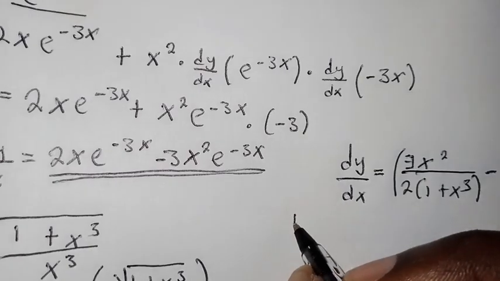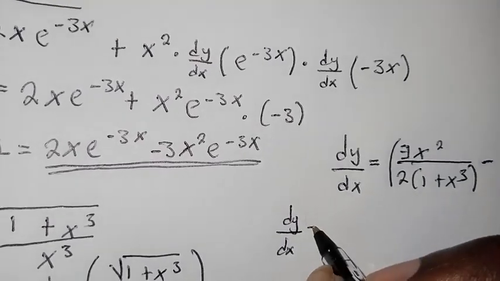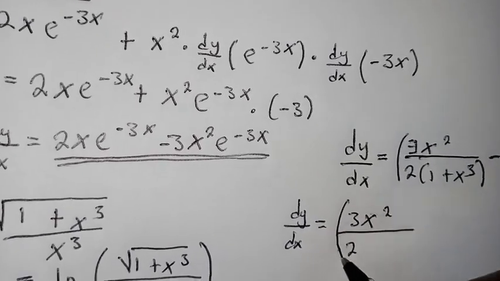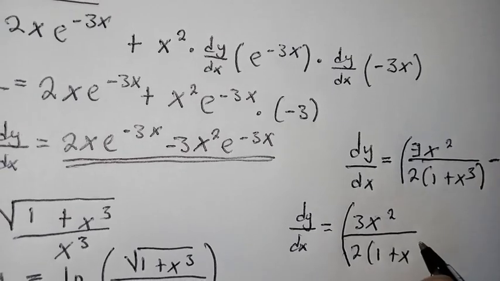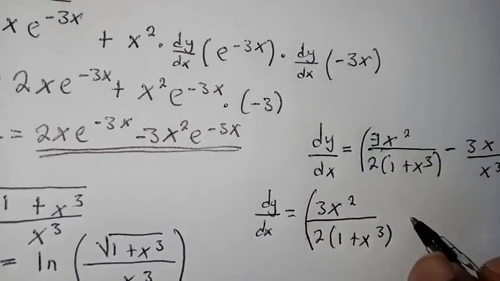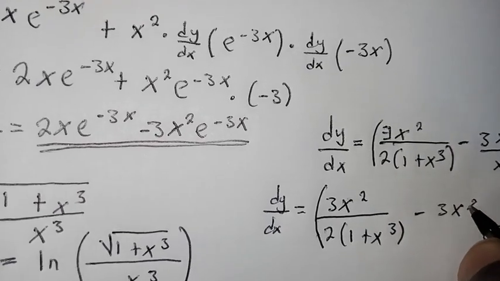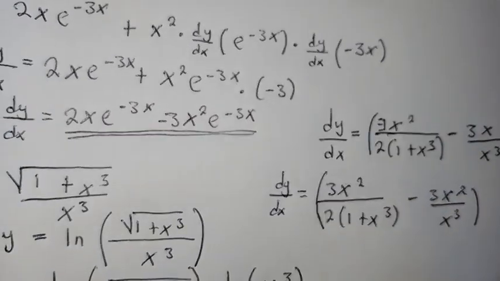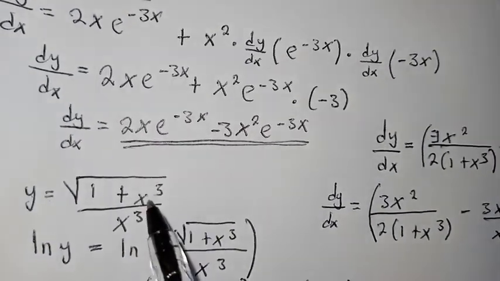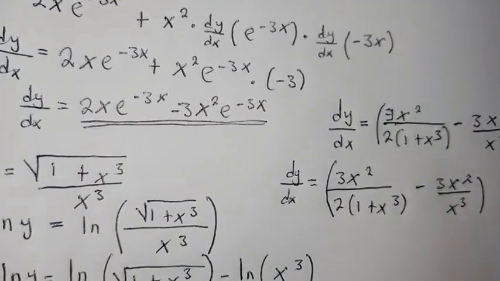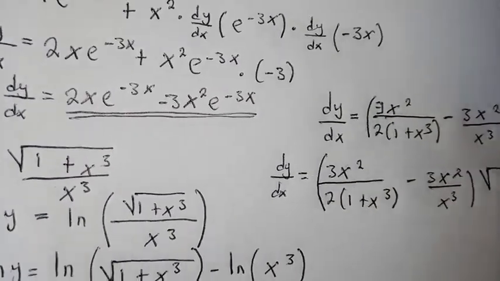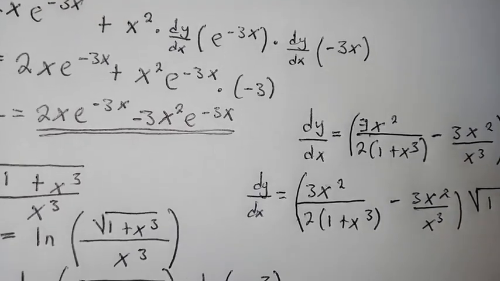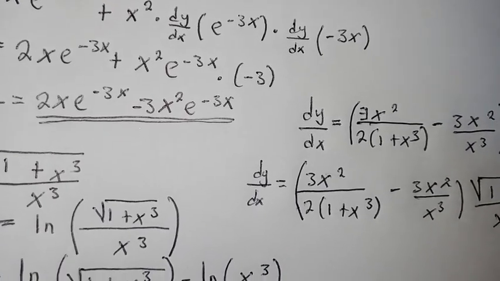To end everything up, dy/dx is equal to 3x to the power 2 over 2 times 1 plus x to the power 3, then minus 3x to the power 2 over x to the power 3. Then I get my original y equation, and I put it where there is y, which is the square root of 1 plus x to the power 3 over x to the power 2.